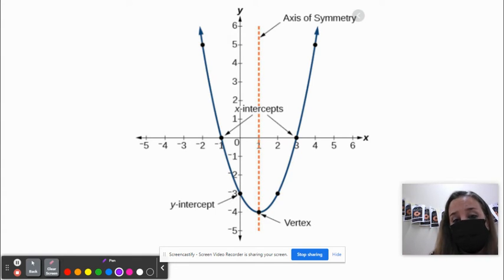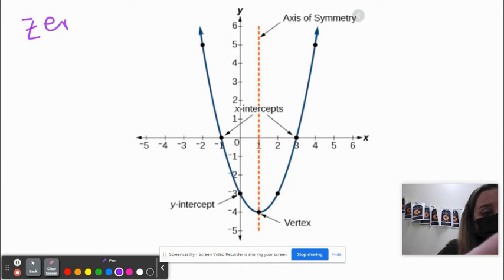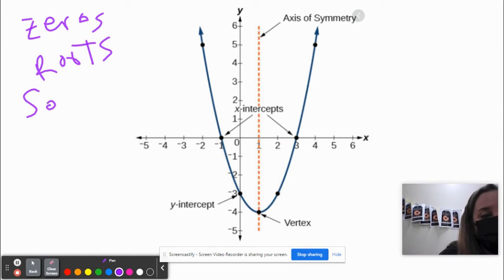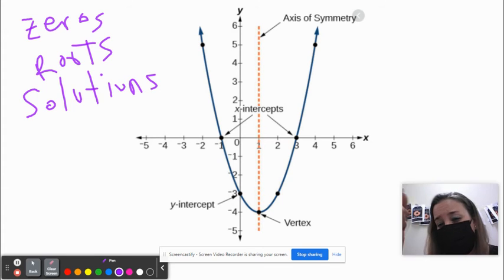So we're going to focus on our intercepts and something that we call zeros or roots. Zeros, roots, solutions. Three words for the same thing, which is kind of annoying. I don't know why they did that to us, but they did.